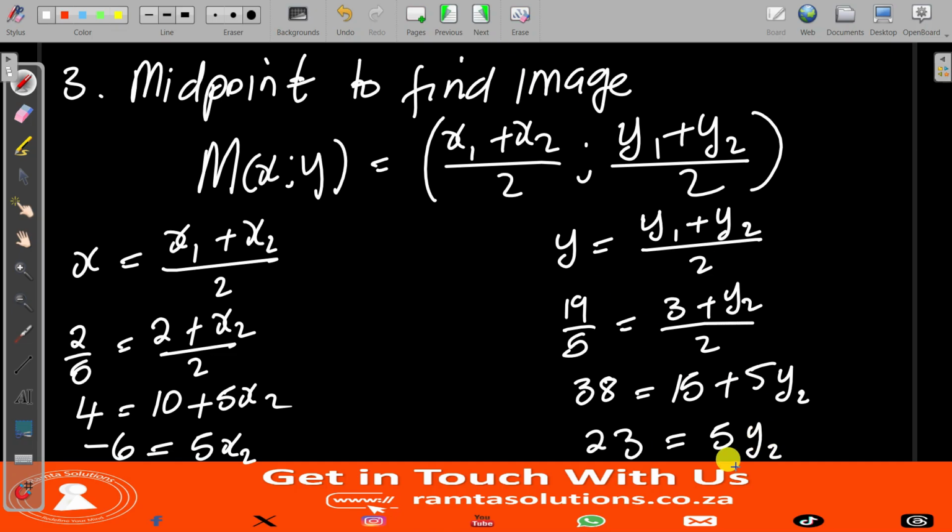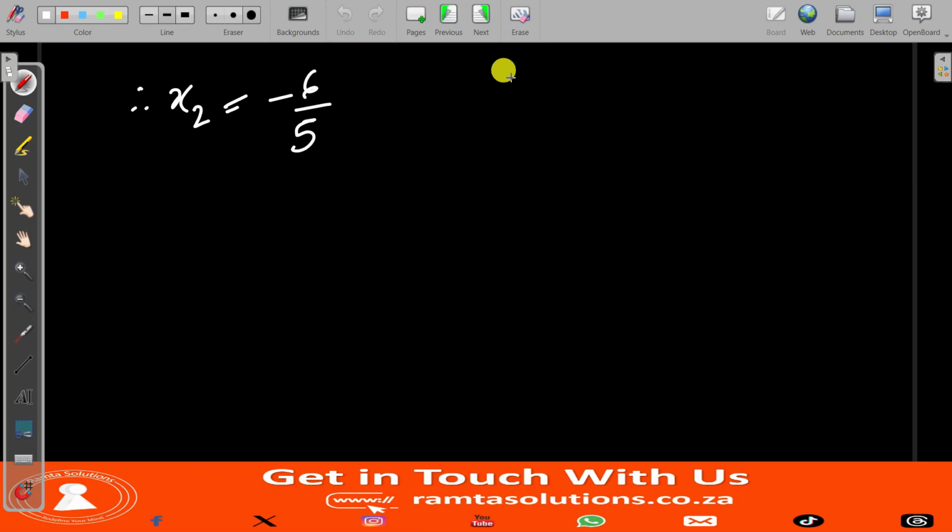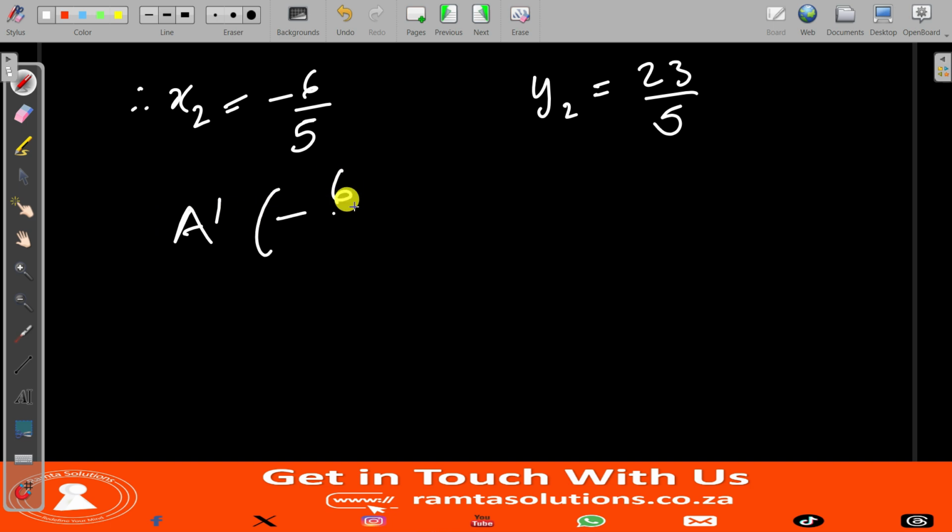Therefore, y sub 2 is 23 over 5. So a prime is negative 6 over 5 and 23 over 5.